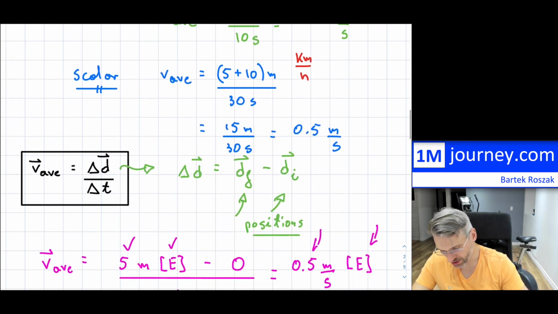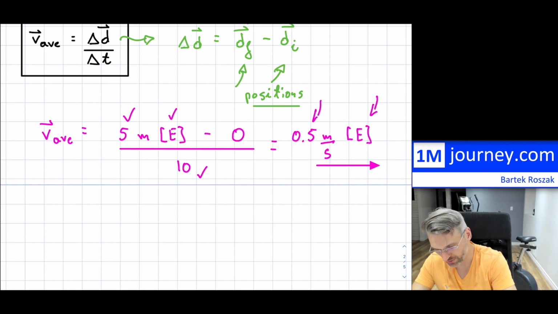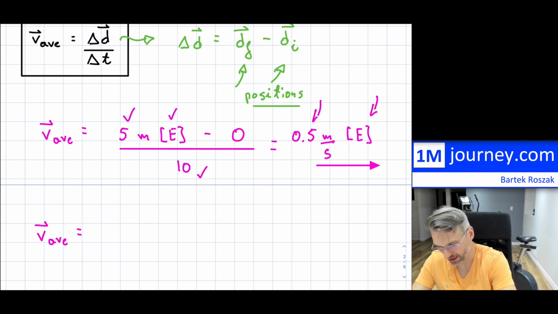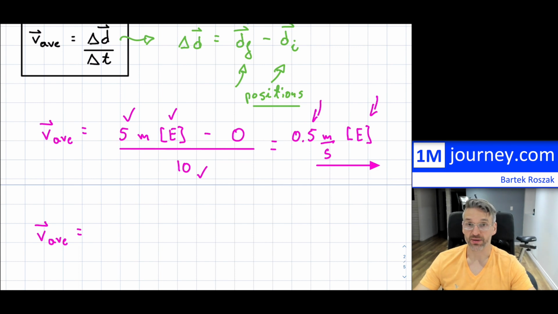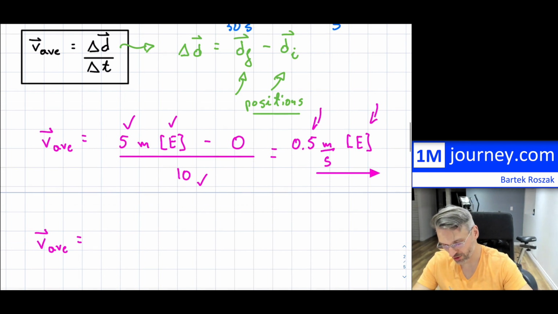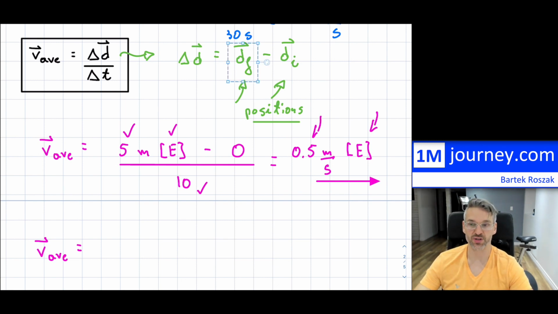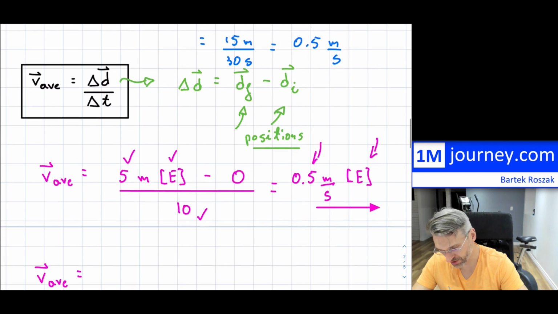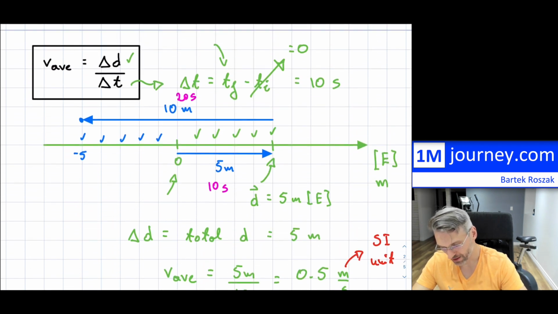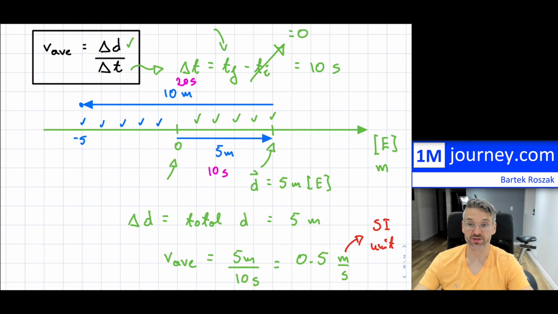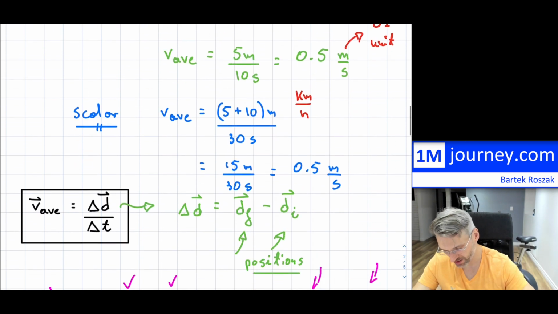So notice what's going to happen as you try to define your average velocity. Your average velocity now becomes much different, because you take your final position right there. If you're going all the way over there, it is either -5 meters east, which is a negative vector, or you can say it's 5 meters west, it doesn't matter.